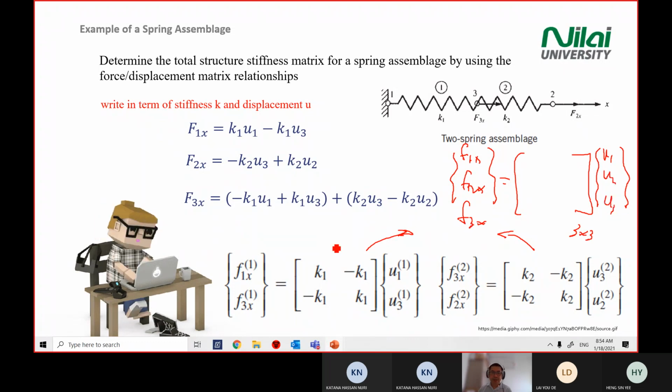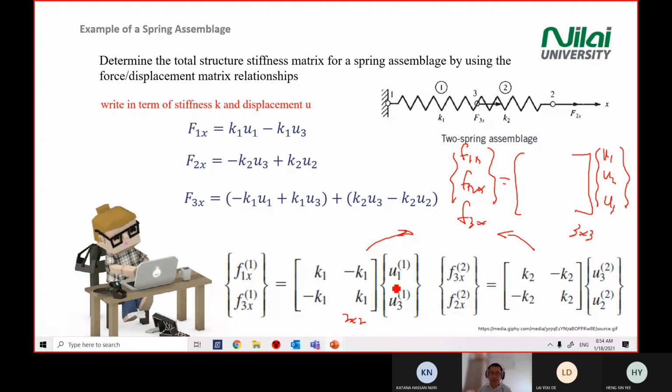Okay. The next step is we try to build a complete matrix from these two matrices. This is 2 times 2, right? But if we combine these two, because we have three forces here, we have F1, F3, and F2. So we combine into a complete matrix here.